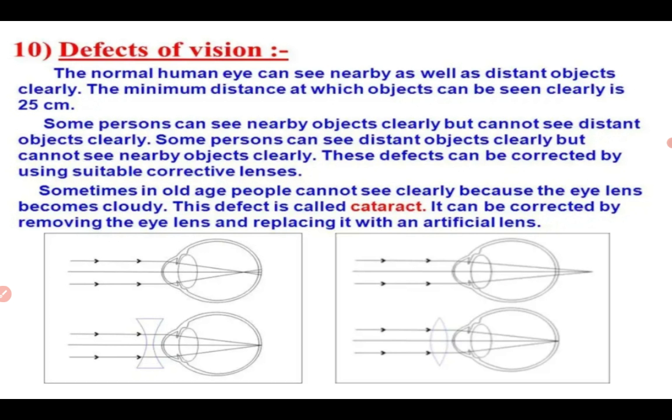The next topic we have to study is the defect of vision. Sometimes we do not see the object or things clearly. That is called a defect. First, we have to study myopia.